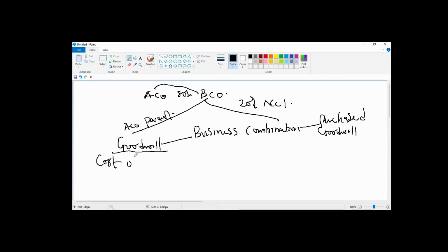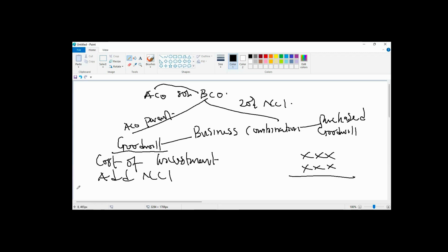The cost of investment. Don't forget the cost of investment, which can be cash, shares, dividend, contingent, and loan notes. I will now add NCI, the non-controlling interest, to it. This is what gives me the purchase consideration.